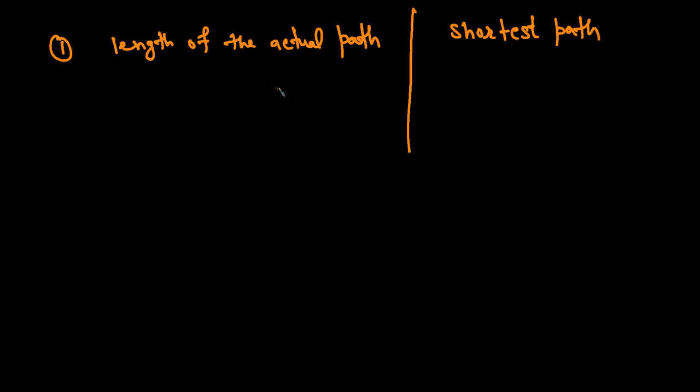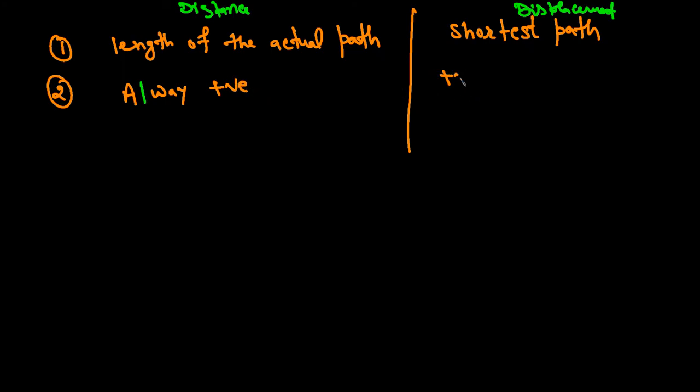Distance traveled by a particle is always positive, whereas displacement can be positive, negative, or zero.